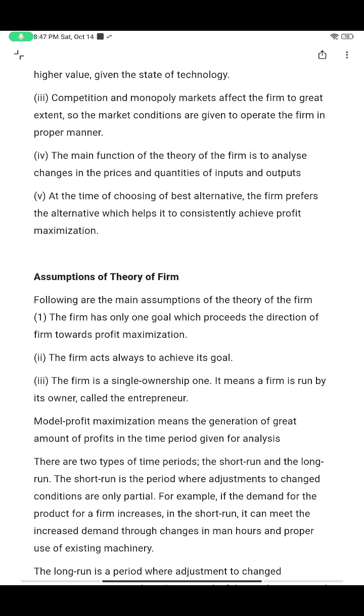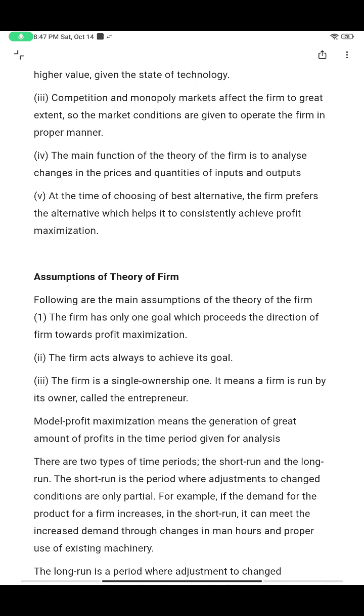And the main function of this firm is to analyze the changes in prices and quantities. So based on the market growth, based on the current situation, what this theory of the firm will do, it will analyze the price changes, analyze the quantity.